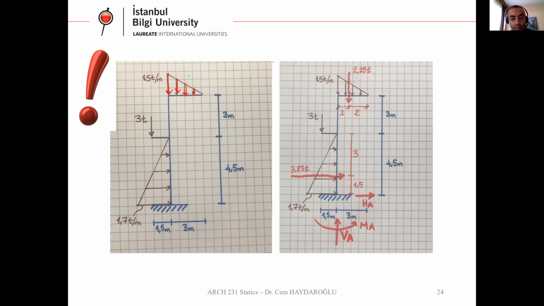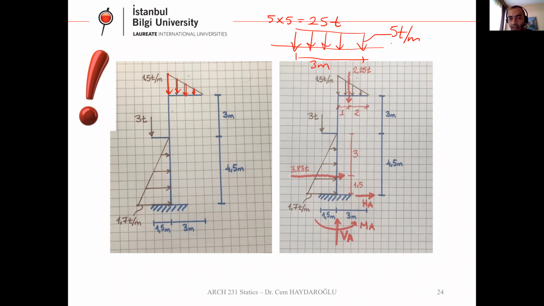Because in the previous year, in the exams, many of your friends, for example, did this. For example, if I have a uniform distributed load for 3 meters, this is 5 ton per meter. Okay, what did they do? They counted the arrow numbers 1, 2, 3, 4, 5. 5 times 5 equals 25 ton.